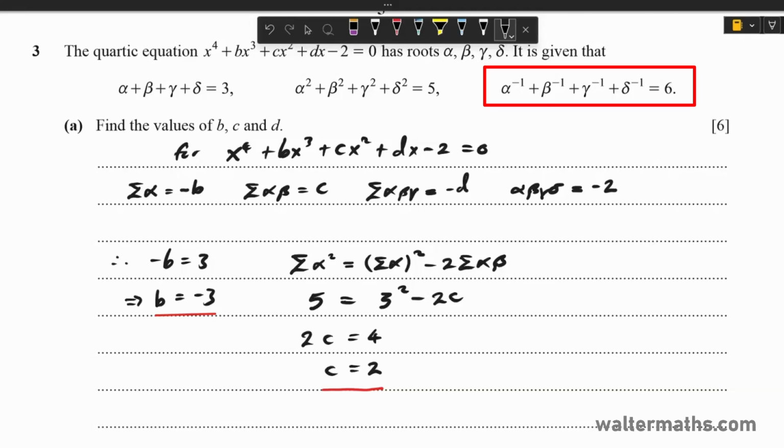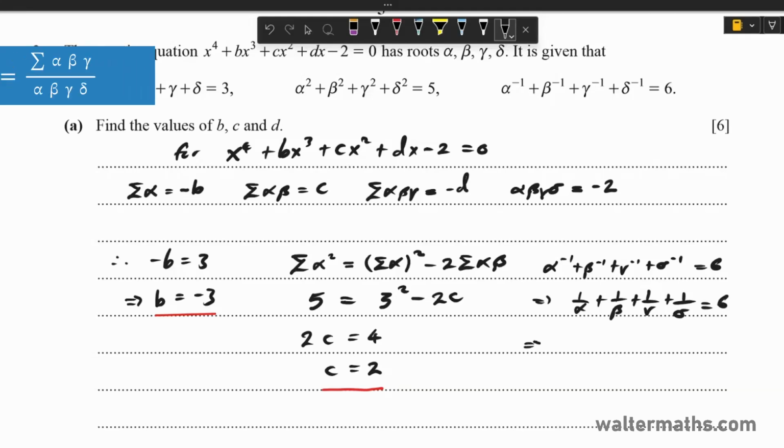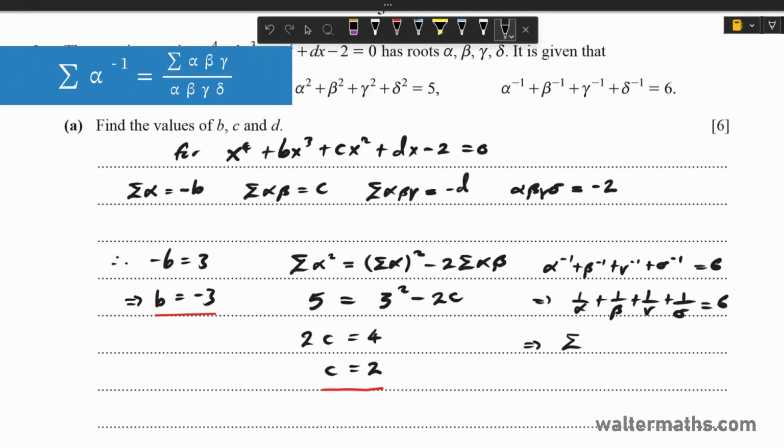Now this, which is 1 over alpha plus 1 over beta plus 1 over gamma plus 1 over delta is equal to 6, is the same as the sum of product of triples over the product of roots. That's what this actually represents.